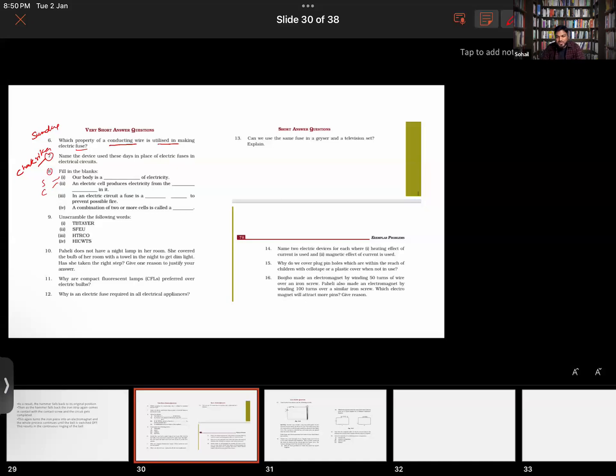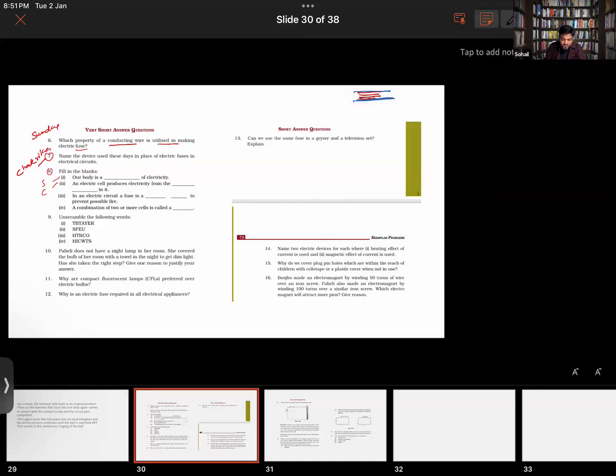Normally, the circuits in our houses consist of copper wires, and there are several copper wires, like 5 or 6, twisted in a bundle and then enclosed in insulation.